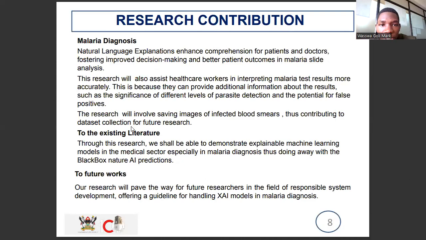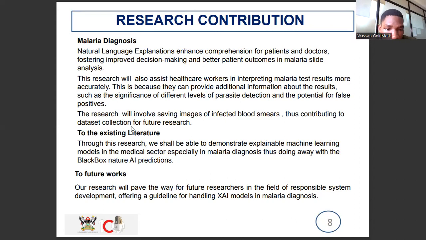First of all, our research is going to contribute to enhancing comprehension: the natural language explanations will enhance the comprehension for patients and doctors, fostering improved decision making. Since all of them know what's happening, they know the underlying reason as to why the model gave that result, and also the results are interpretable and understandable by a normal person, not only professionals.